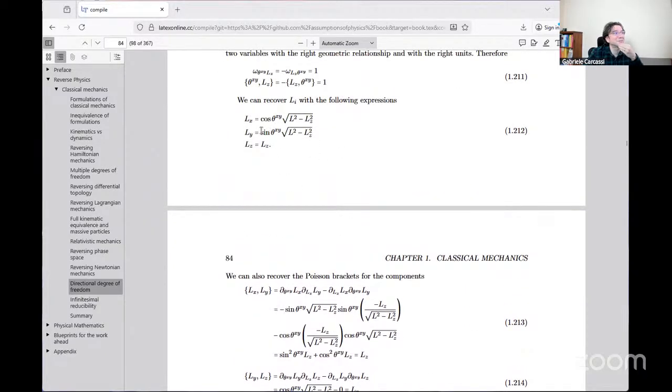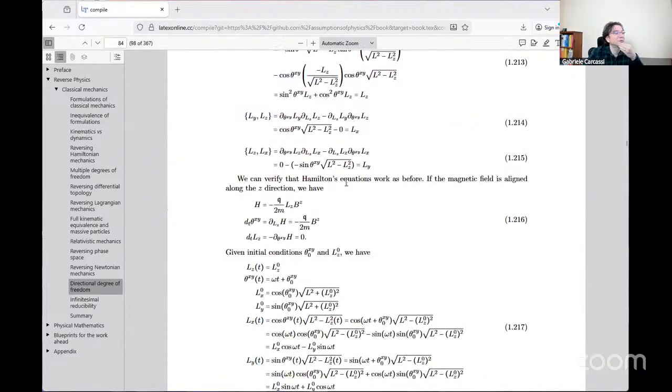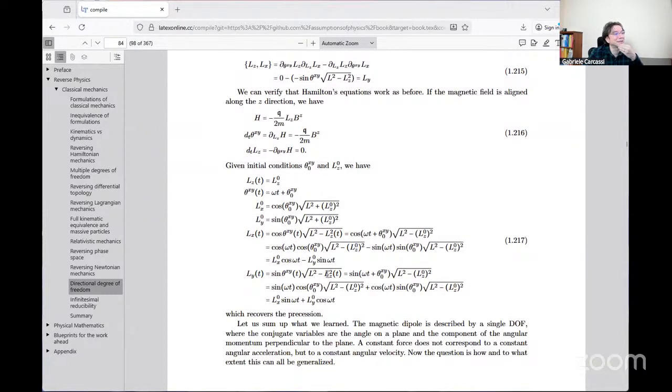You can just plug in the thetas and the Lz in terms of time, and then at the end you can recollect the result, and you get the same thing. So this is just to make sure that everything works nicely. I always find it fun when the math sort of recombines itself, and you get the thing that you expect.